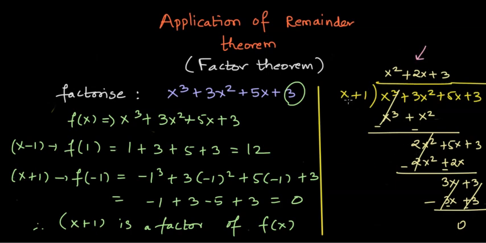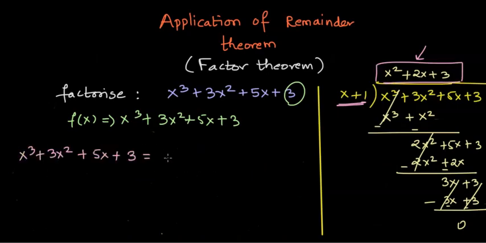And so one of the factors of the given polynomial is x plus 1, and the other is this quotient here. And so we can write x cube plus 3x square plus 5x plus 3 to be equal to x plus 1, which is one of the factors, times another factor that we just found, x square plus 2x plus 3. And this is how we can apply remainder theorem to factorize the given expression.